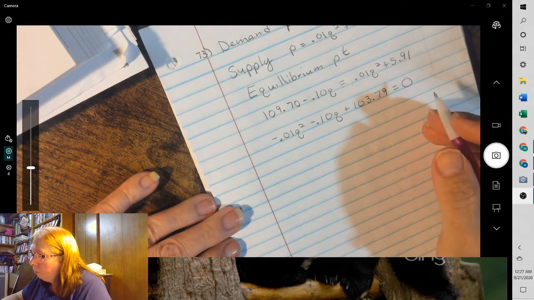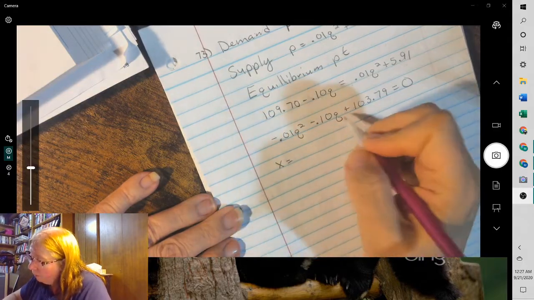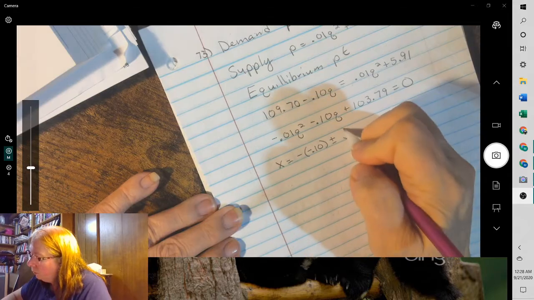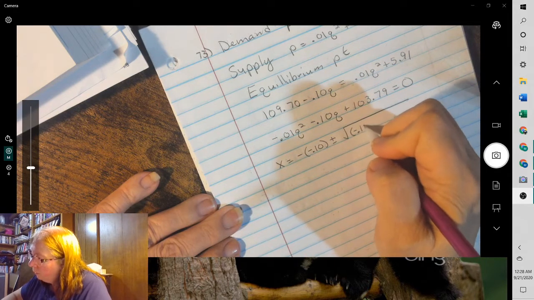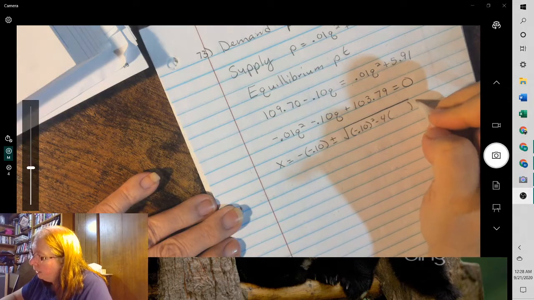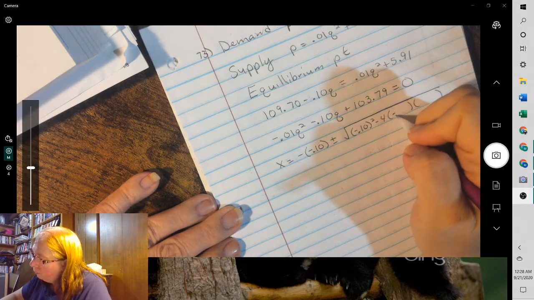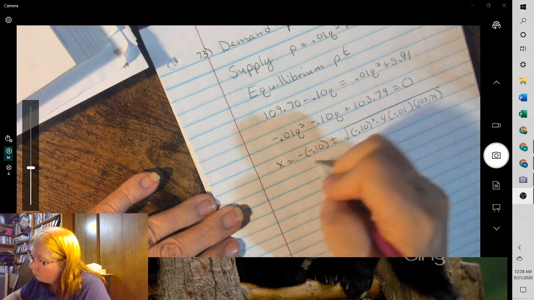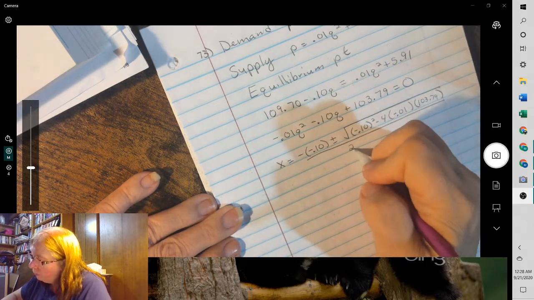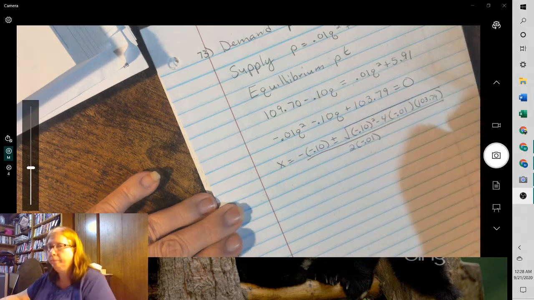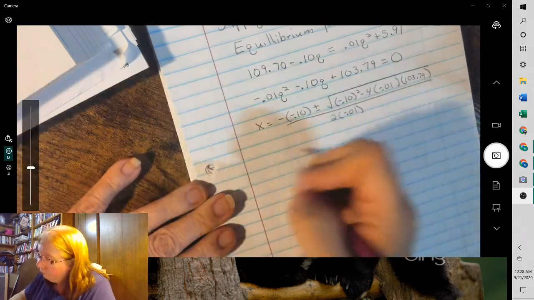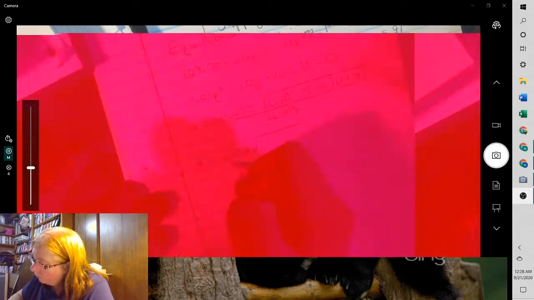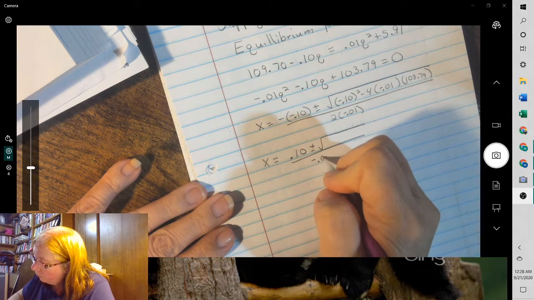Okay. Quadratic formula. Negative B plus or minus the square root of negative 0.10 squared minus 4 times A times C. Negative 0.01 and 103.79, all over 2 times A. Okay.